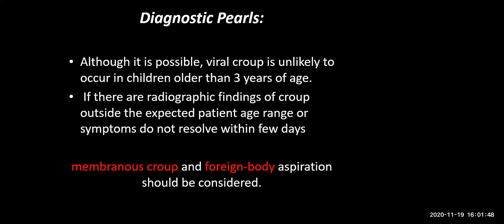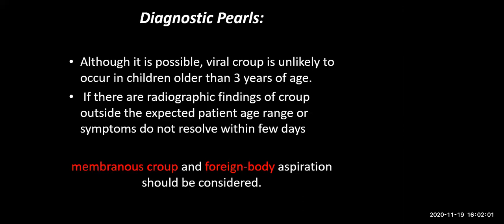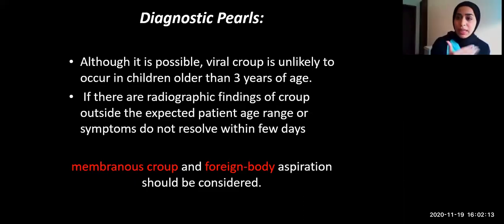A very important diagnostic point here: although it is possible that viral croup is seen in any age group, you should pay attention that if you have croup outside of the usual age range, you should suspect an alternative diagnosis, such as ingestion of foreign bodies or bacterial croup, which is named membranous.